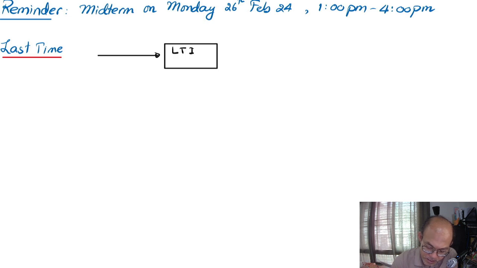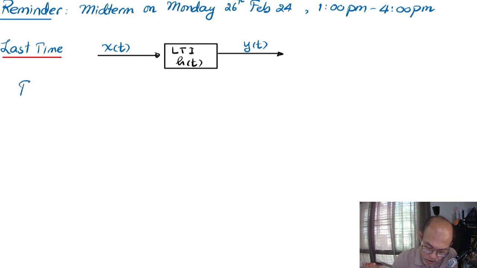This system has an impulse response of h of t, and we apply the input signal x of t into this system, and we measure the output signal, which is called the response of the signal, and the response is denoted by the symbol y of t.